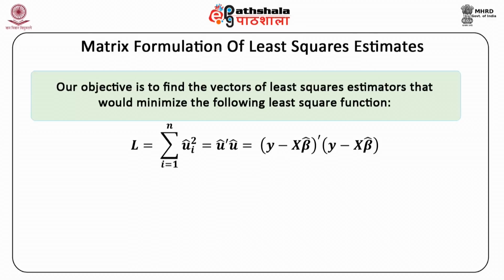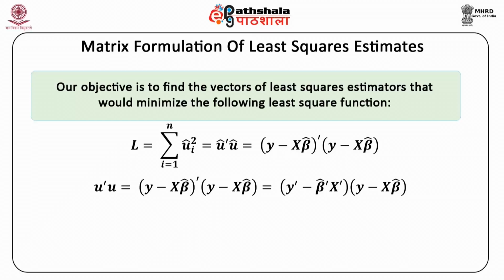Here we can see that u prime u is equal to y minus X beta hat prime into y minus X beta hat, and if you just take these primes, you get y prime minus beta hat prime into X prime, and this is being multiplied by y minus X beta hat.